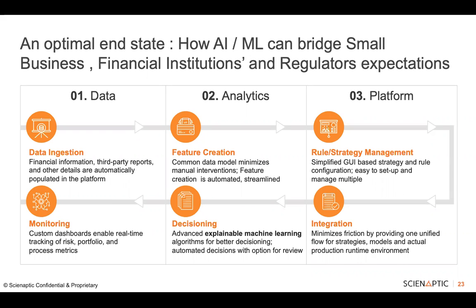And as I mentioned, this platform should be a simplified process, preferably online, to get this decisioning done rather than manual underwriting. And this platform needs to have an established integration with your backend and front end so that one can appropriately monitor the outcomes of these decisions.